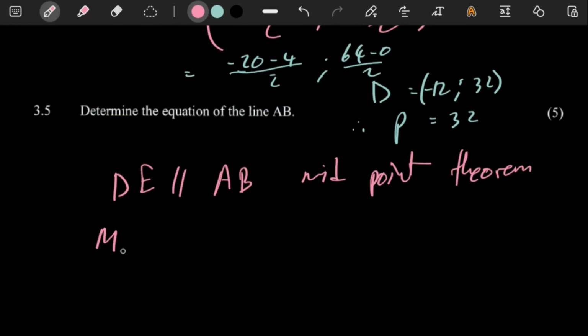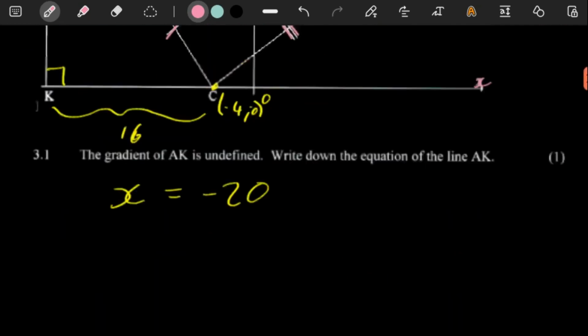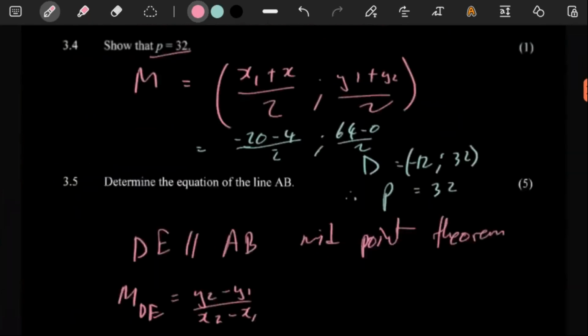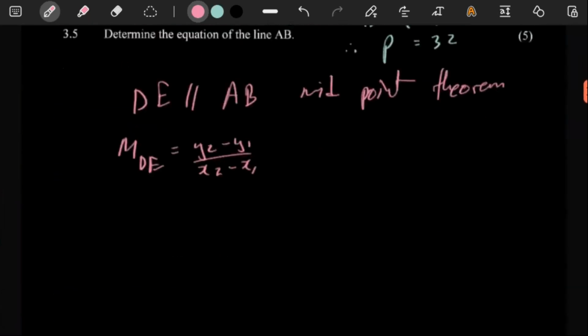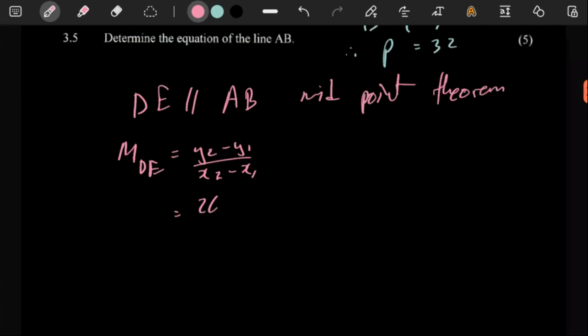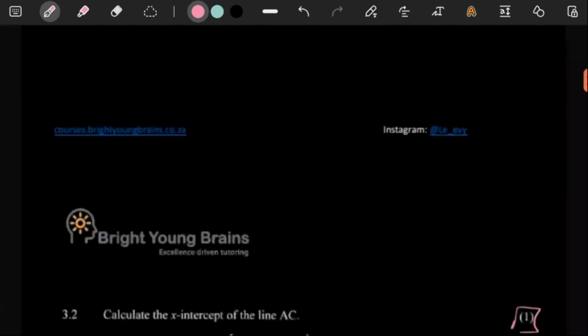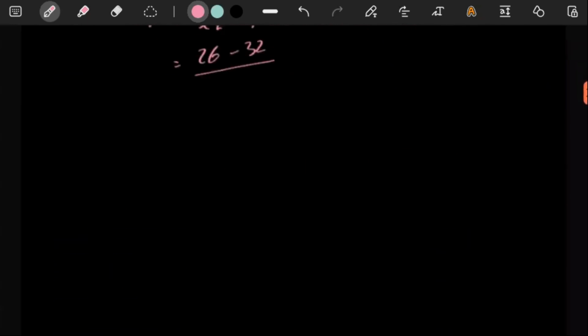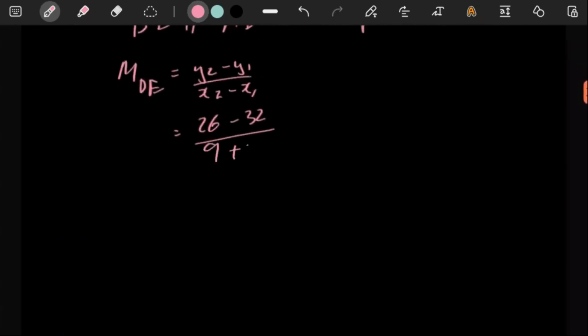Now that we have stated that, we just need to get the gradient of DE. Using the gradient formula, we have 26 minus 32, and then the x values, 9 minus 12, so you're going to have to plus the 12.